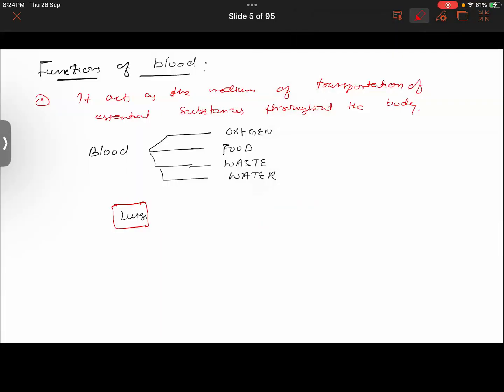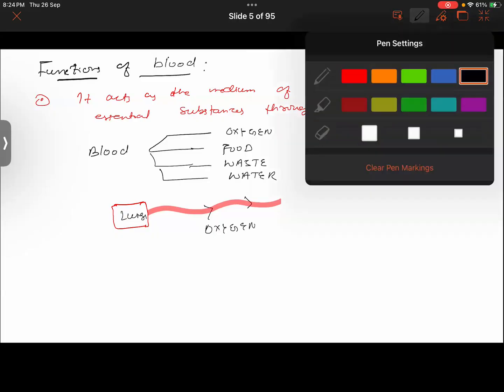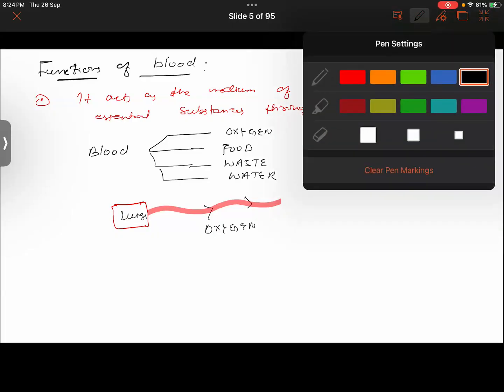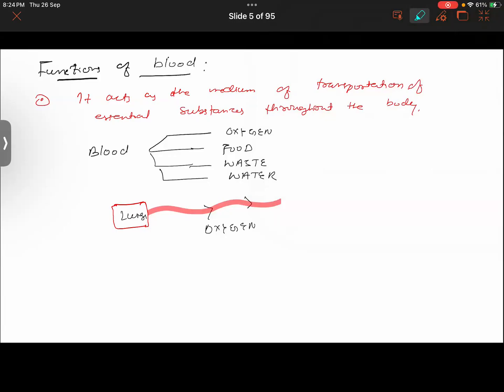Getting it? Say that this is the blood taking away the oxygen from the lungs. And where will that oxygen be transported to? It will be transported to a cell, no?